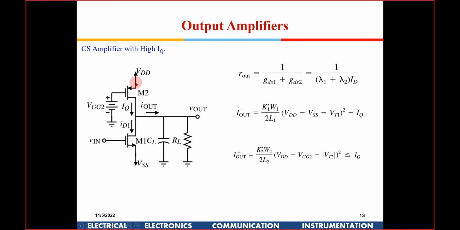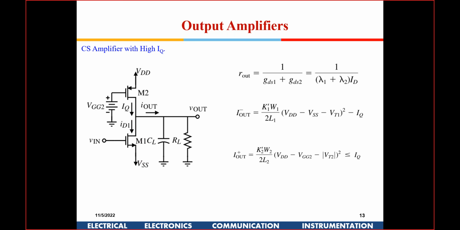Now a few things we need to remember here. In this case, this is a constant current source, right? When I am pulling current from here, this capacitor might have been fully charged, so this will be Vout. So this has to pull this current, plus it has to take IQ also.